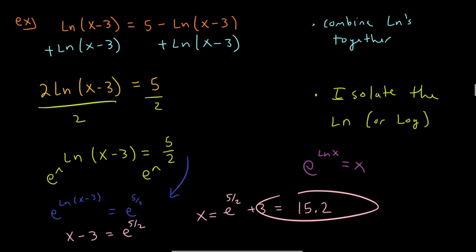So these are ways to use the properties of logs, natural logs, and exponential functions to solve different types of equations. I could do more examples and show you more techniques.